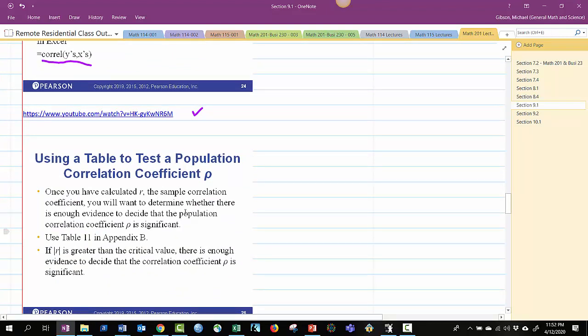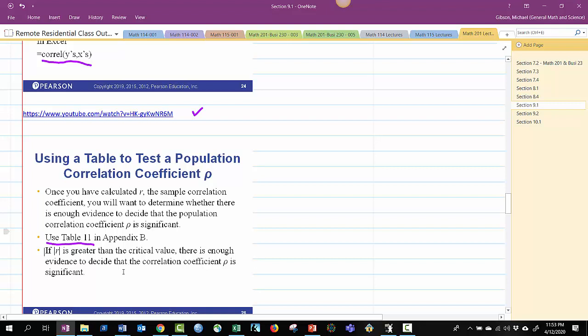Now we're back to the point I was making before. There are two ways to check if the correlation is meaningful or significant. The easier way is you can use Table 11. You're going to want to have this open or print it out. You can use it in your homework, and you can use it when you take a quiz or a test.